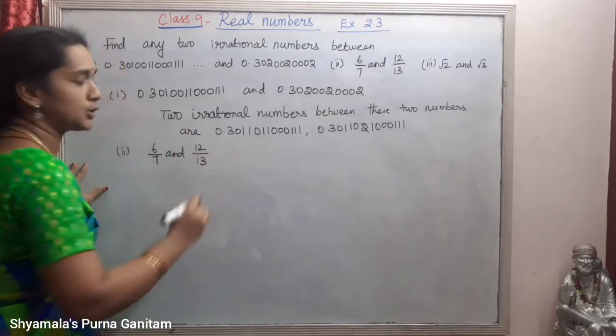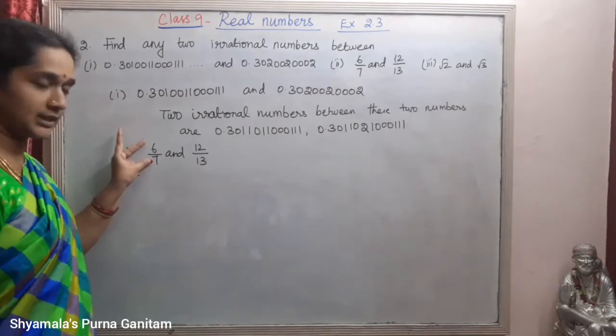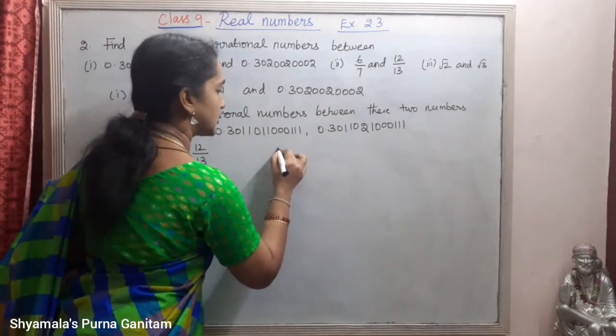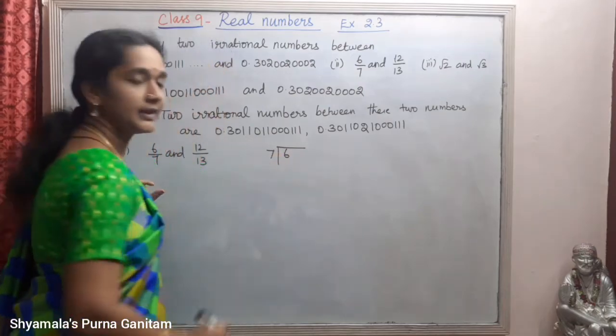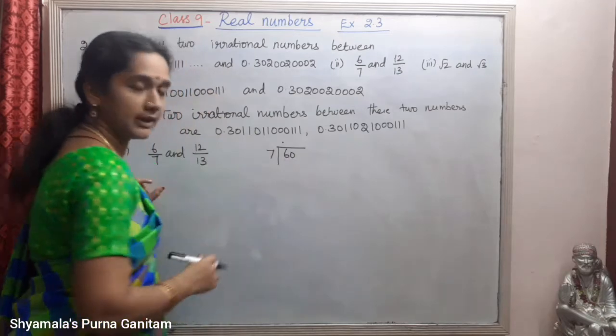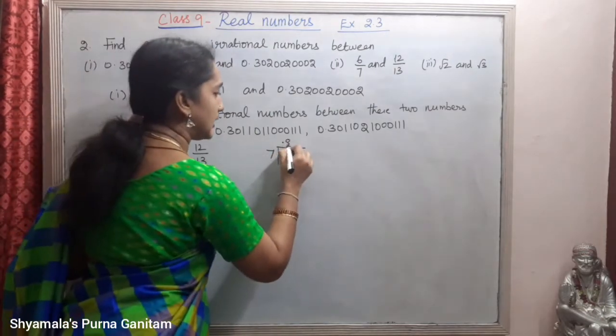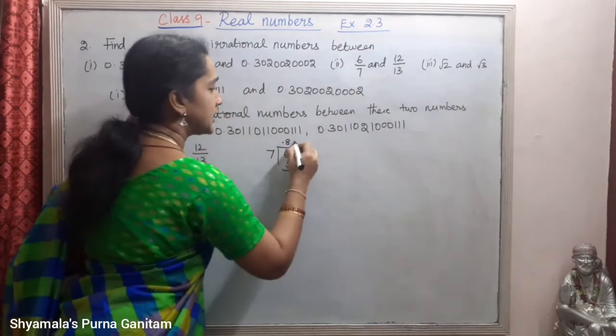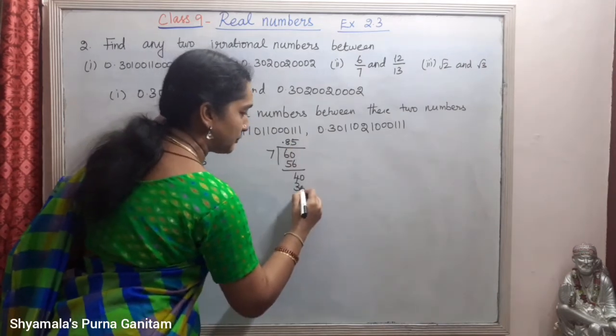6 by 7 and 12 by 13. So for this 6 by 7, we will find the decimal number. 6 divided by 7: 7 8s are 56. Remainder is 4, 40. 7 5s are 35.